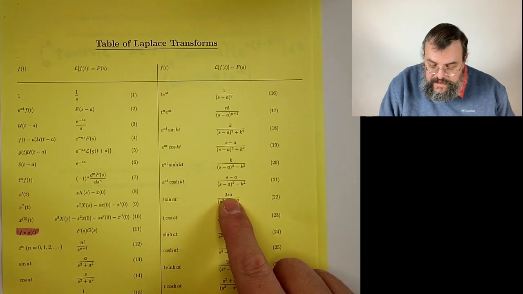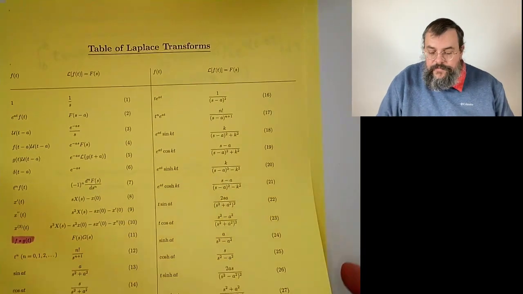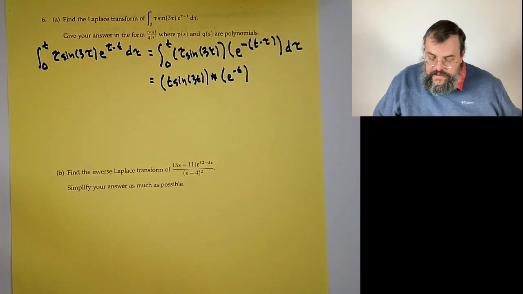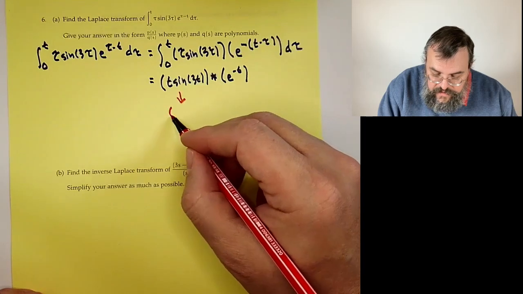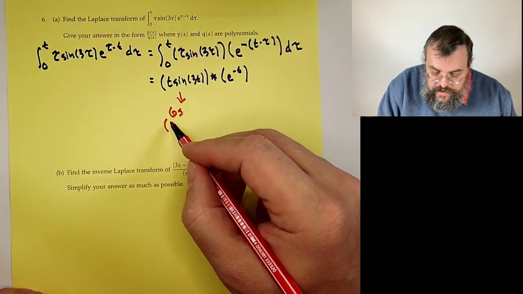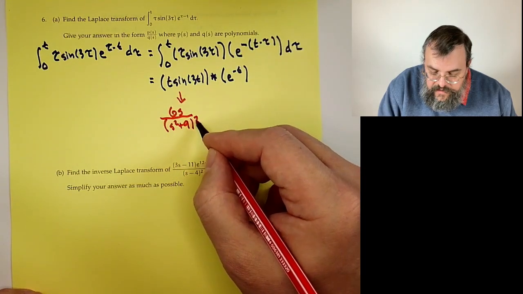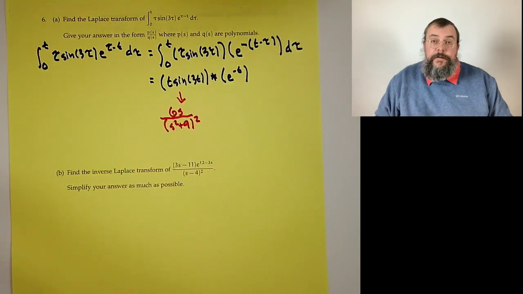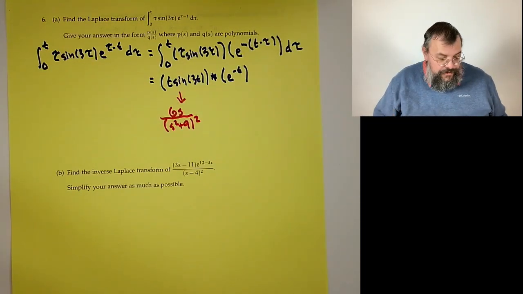So it's 2 times s times 3, that's 6s over s squared plus 3 squared quantity squared. So this part will go to 6s over s squared plus 9 squared under Laplace transform. That's from the table, a equals 3.